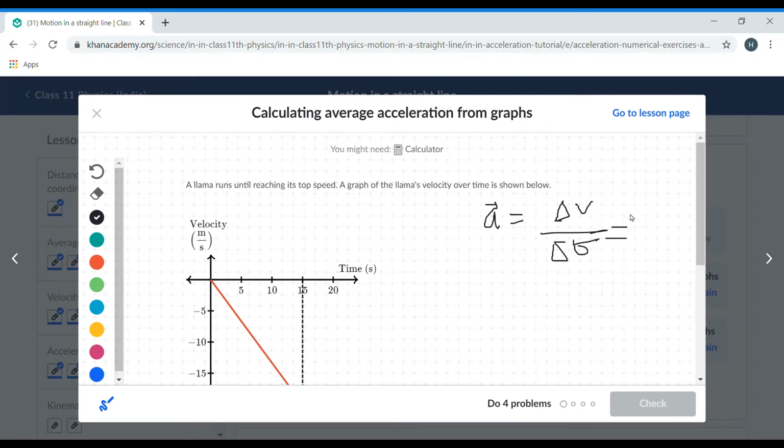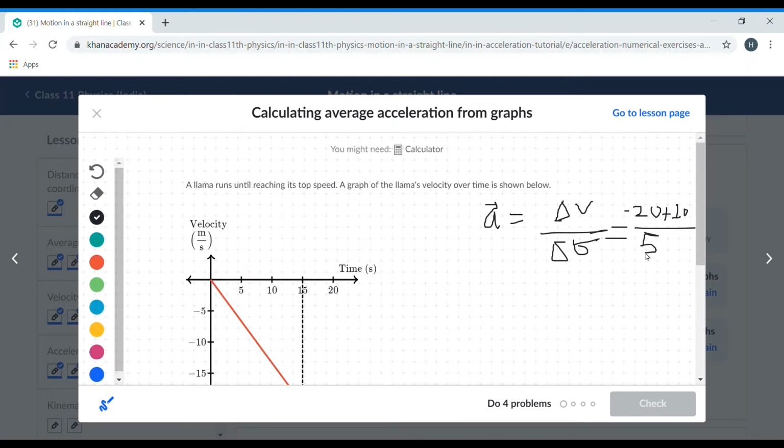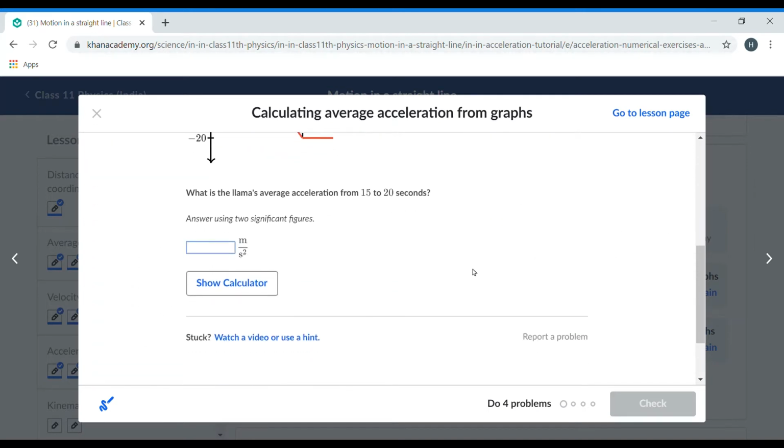Final velocity is minus 20 meters per second and initial velocity is minus 20 meters per second, so plus 20 meters per second over change in time, which is 5 seconds. So the answer is 0 meters per second over 5 seconds. So this is all 0.